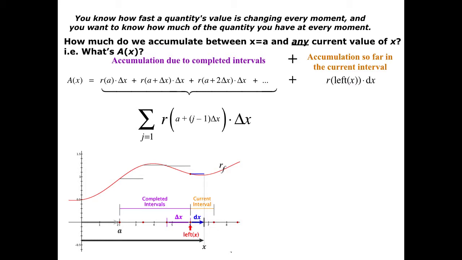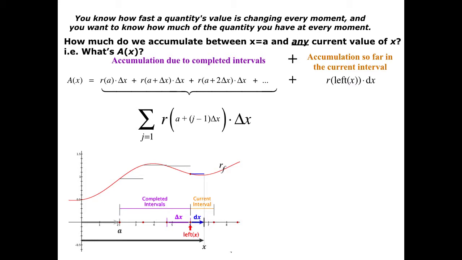But if I know how many intervals it is, I can express left of x without using left of x. Left of x came from something: count up all the complete intervals, which we'll talk about in a second, and then find the left end of the current interval.